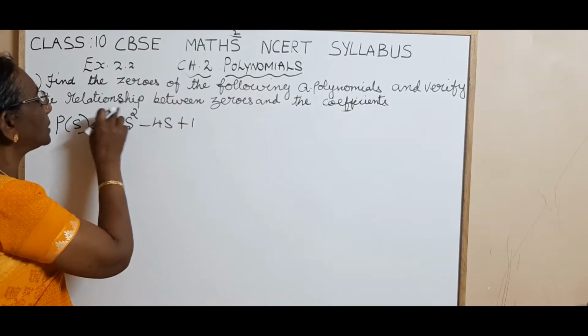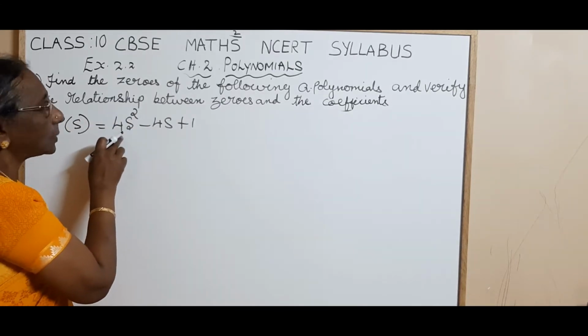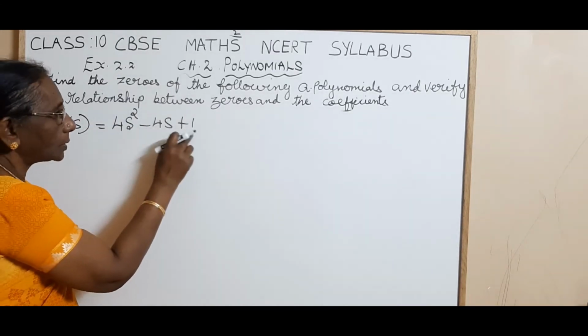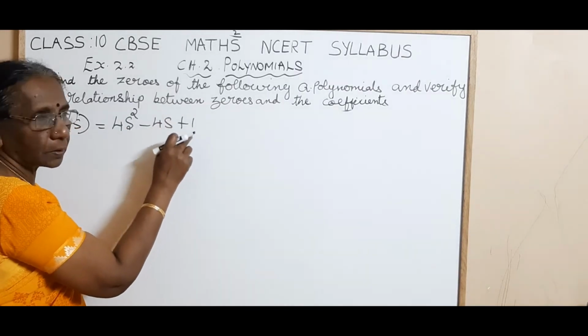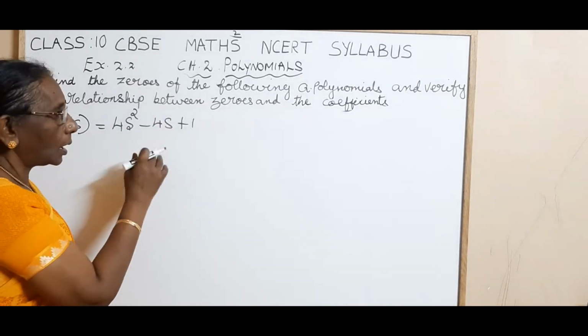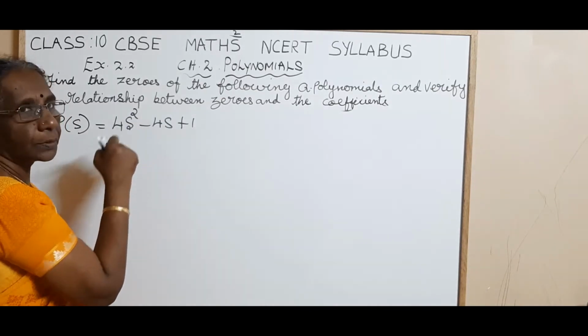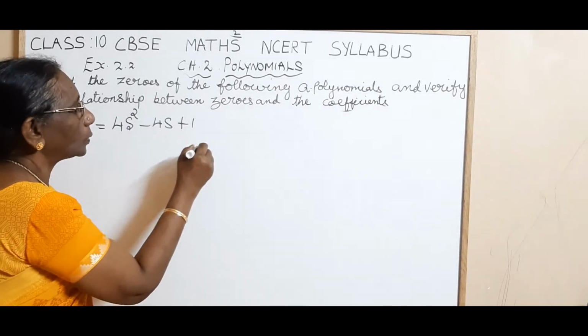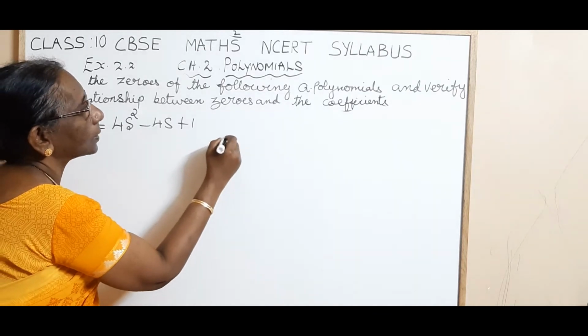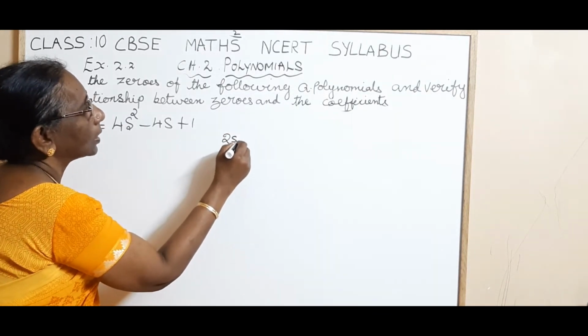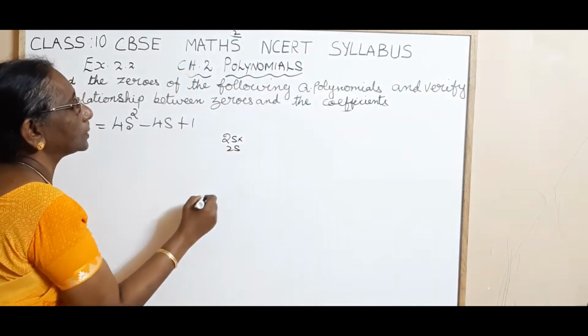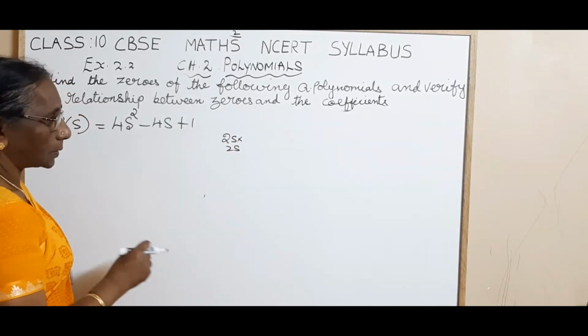So what is the specialty in this quadratic polynomial? If you observe the first term, it is a perfect square. If you observe the last term, the constant term, it is also a perfect square. How? 4s square is 2s the whole square. Isn't it? 2s into 2s, what do you get? 4s square.